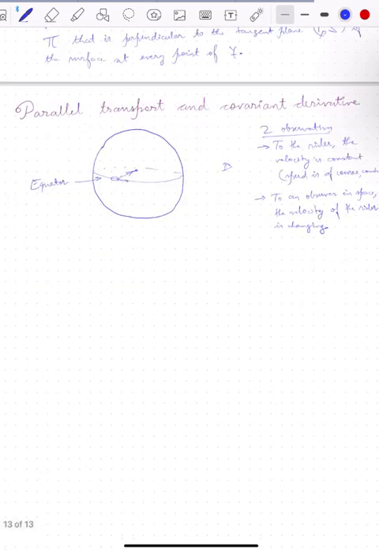So now let's try to understand it from a differential geometric point of view.